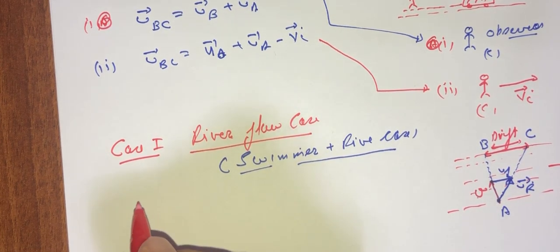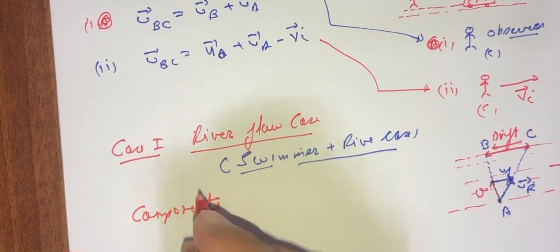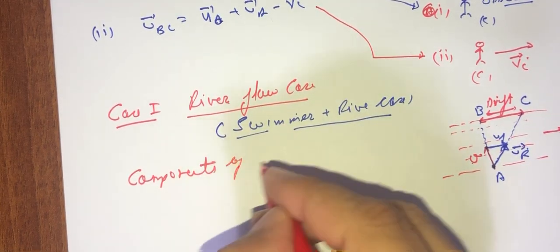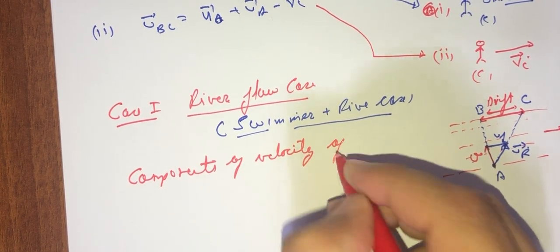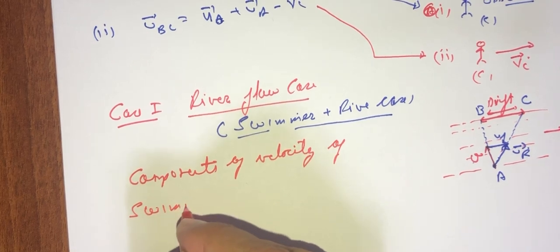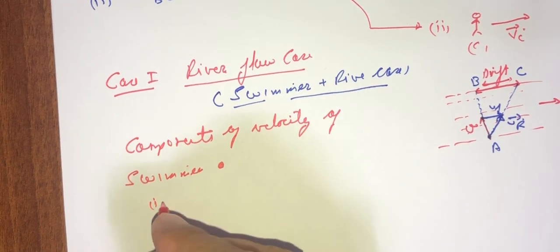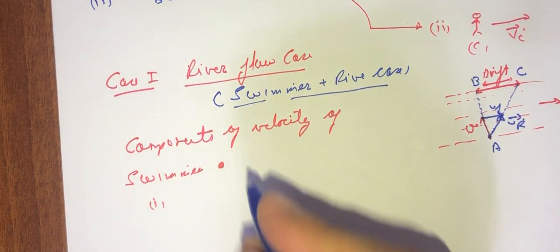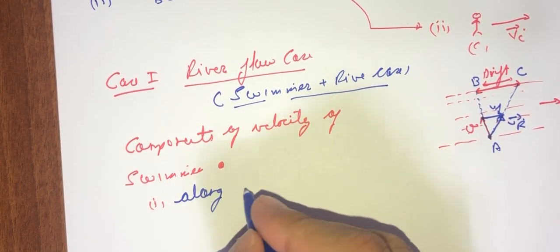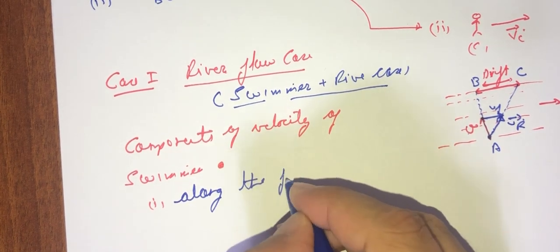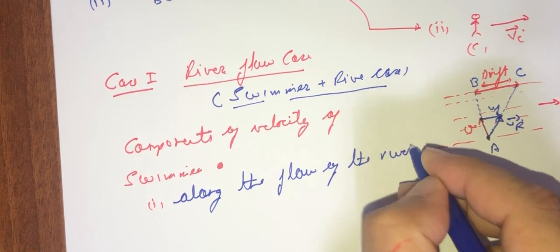So we can write the components of velocity of the swimmer, first part along the flow of the river.